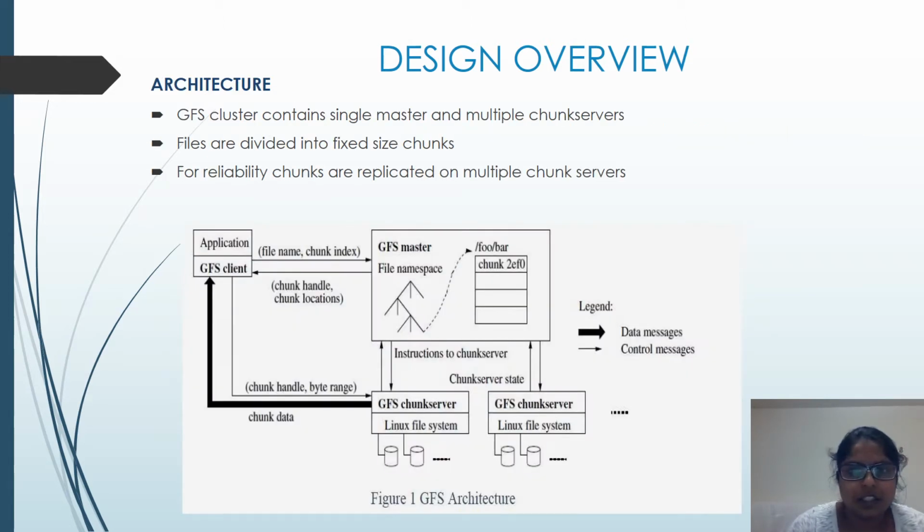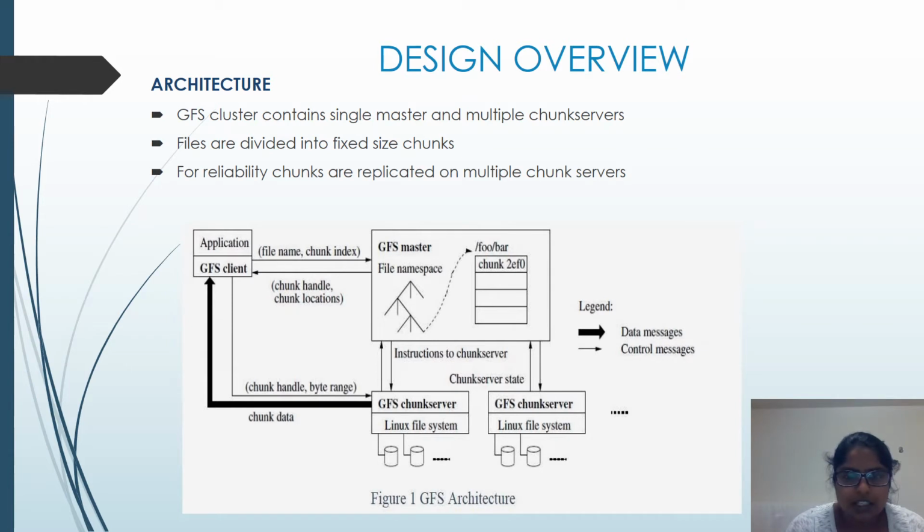Let's see the design architecture. A GFS cluster contains a single master and multiple chunk servers, which are accessed by multiple clients. It is easy to run both a chunk server and a client on the same machine as long as the machine doesn't have any problem. Files are divided into fixed-size chunks.